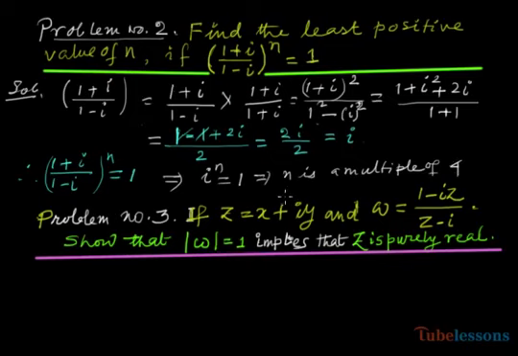And the least value of n is then 4, as you know, i to the power 4 is equal to 1.